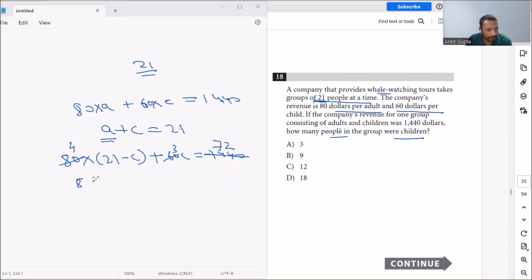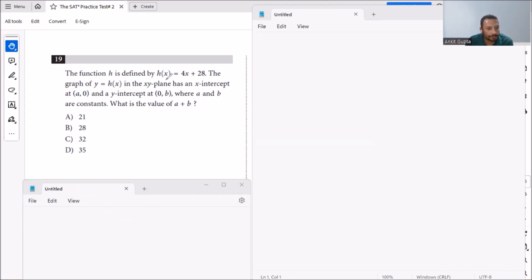So this will become 84 minus 4C plus 3C is equal to 72. Or 84 minus 72 is 12. 4C, 3C will cancel out and we'll have C, right? So number of children C will be equal to 12. So option number C.